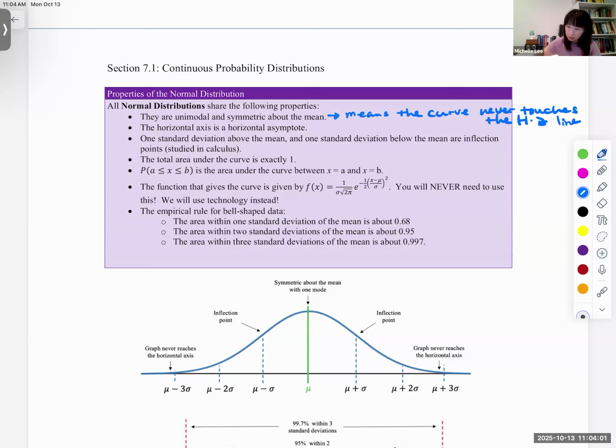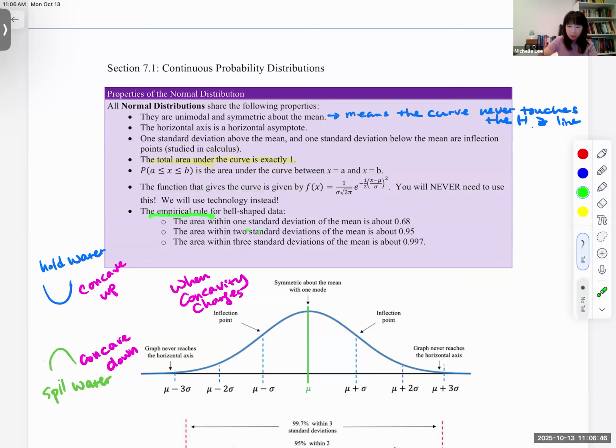All right. And then the total area under the curve is 1. Very important, right? And then the function curve, the formula is this, but we're not gonna use this one. Too crazy, right? So we're gonna use this secant. And then the empirical rule, we're using in that case, so same, right?